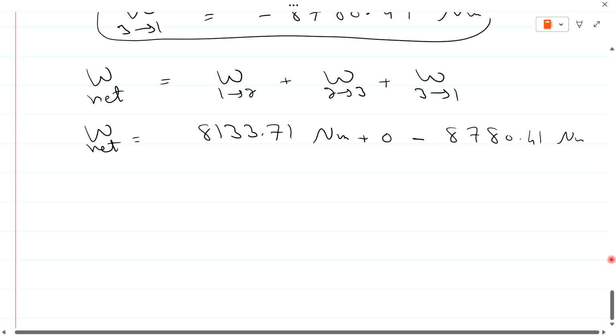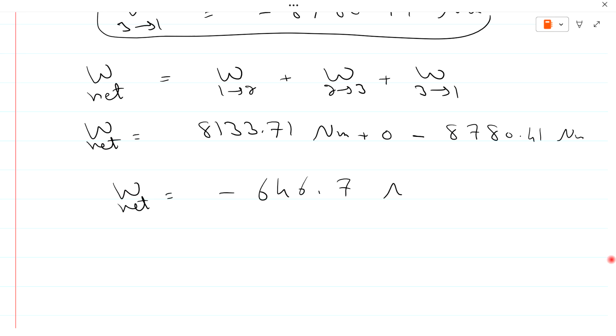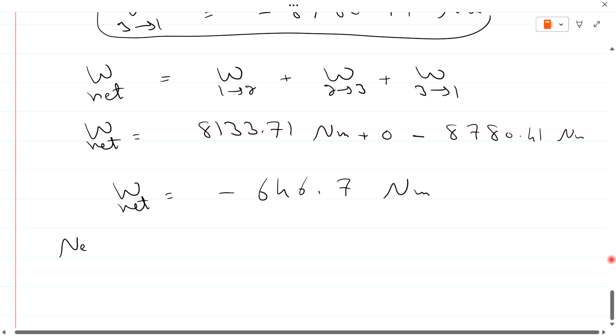So simplify this. So net work done will be equal to minus 646.7 Newton meter.